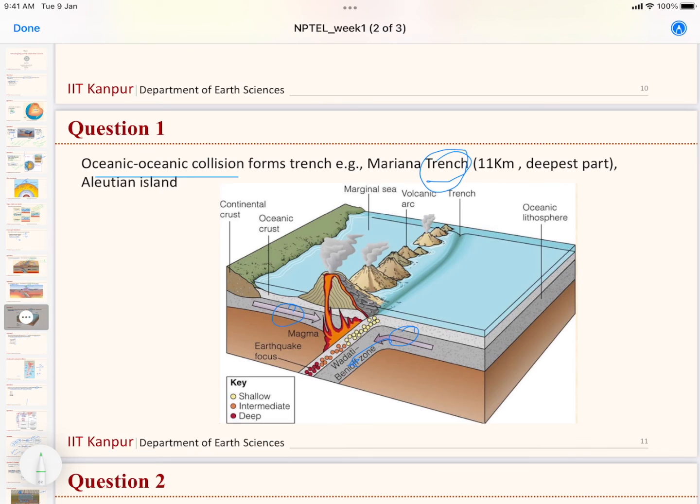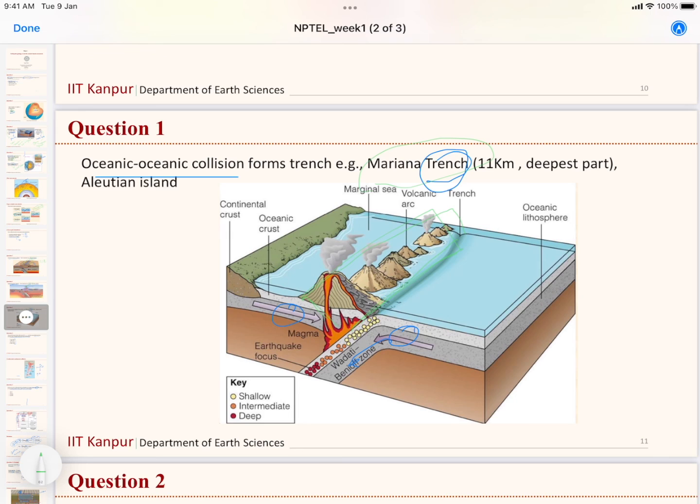And due to this kind of motion we form trenches or island arcs. For example, Japan is an island arc. Here we can see the chain of islands or volcanic islands. And a very famous example is the Mariana Trench, which is the deepest part on the globe.